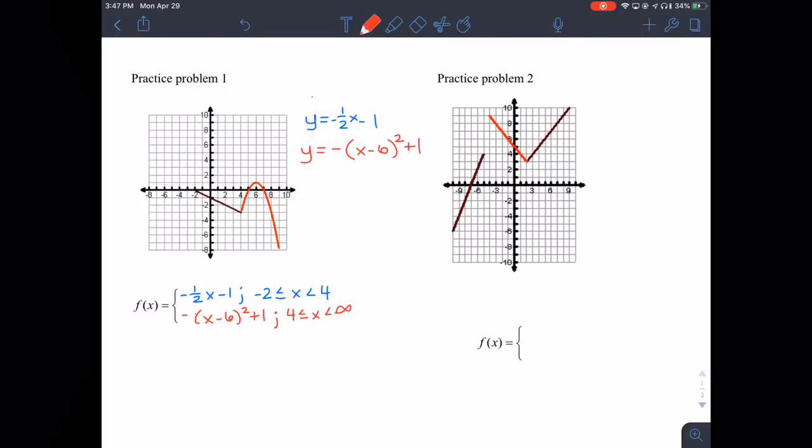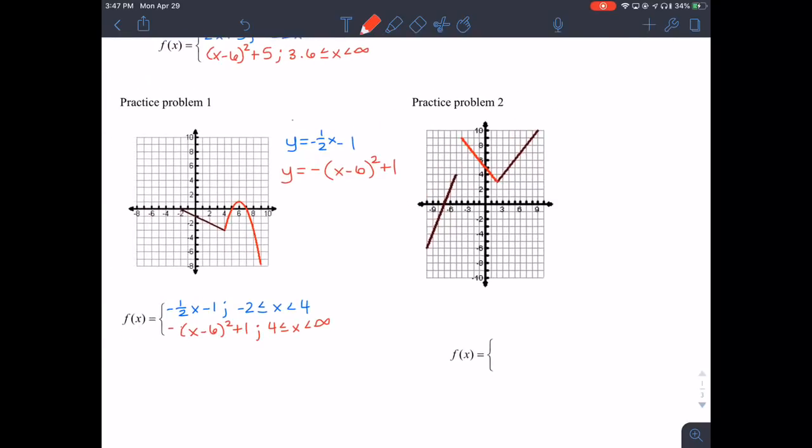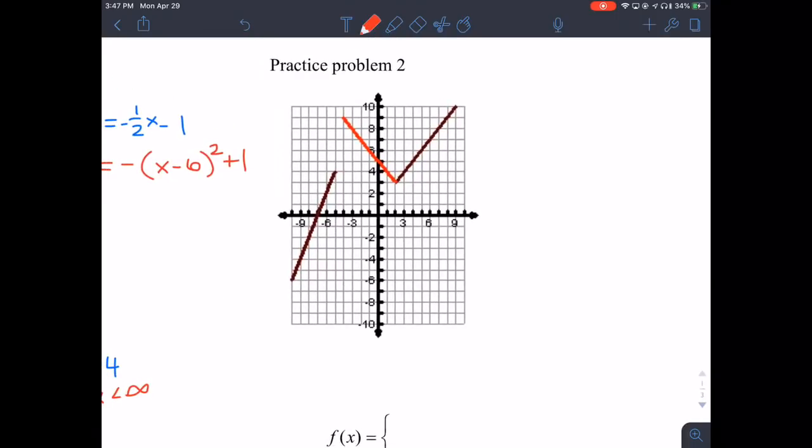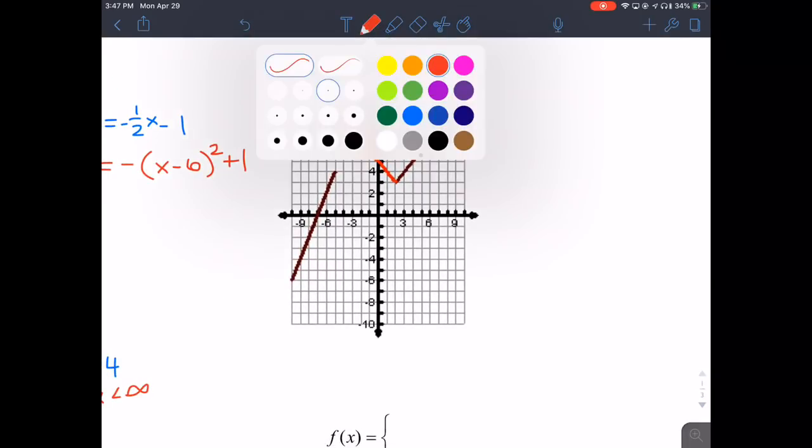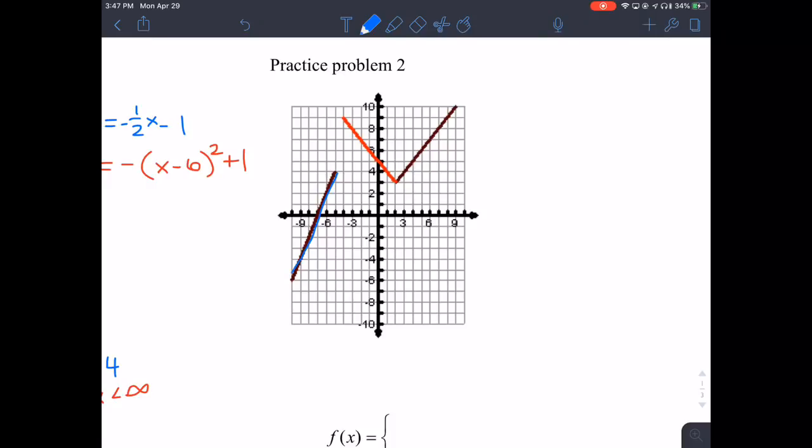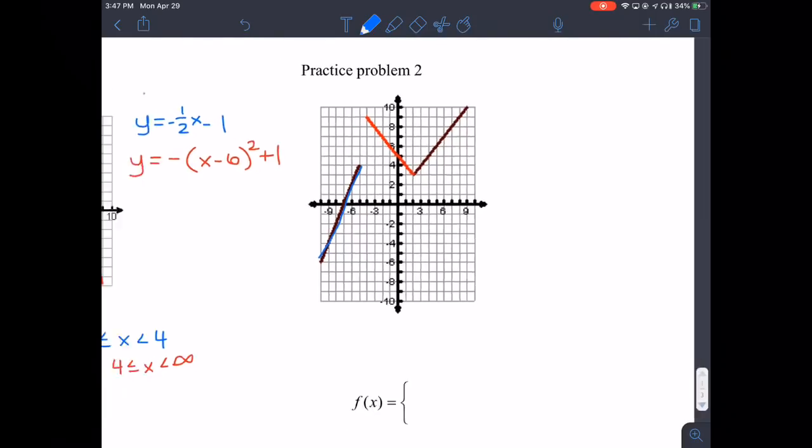I'd like you to pause the video, do this one on your own, and then check with the answer. You can look at this as one linear function and one absolute value function, or as 3 individual linear functions.